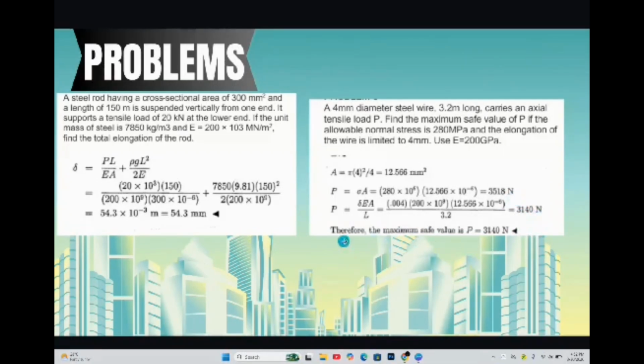Therefore, the maximum safe value is 3,140 newton. So that's it. I hope you understand my topic.